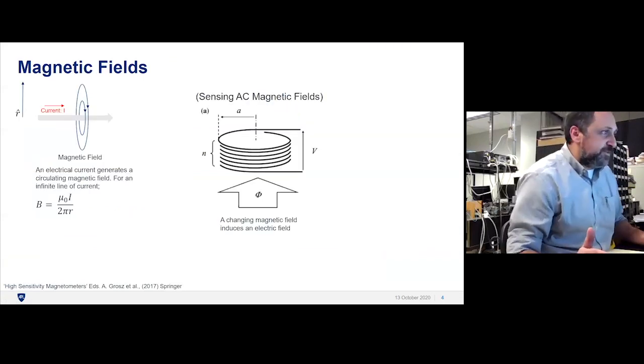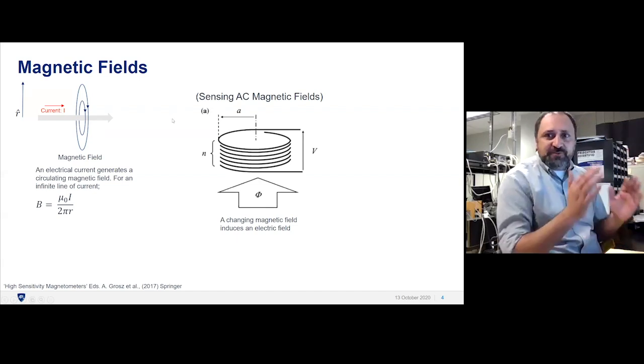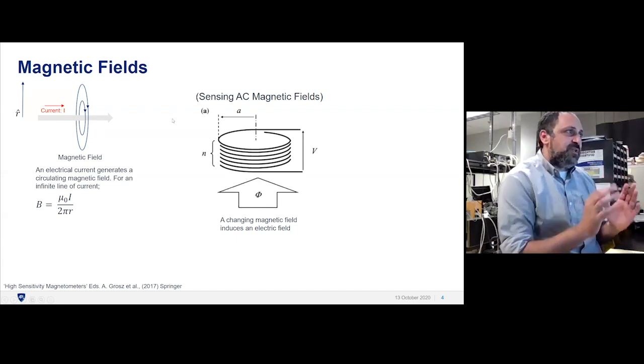So to magnetic fields. If you have a wire carrying a current, called a current I, there will be a circulating magnetic field going around that wire. And if you look in the direction R, we're assuming an infinitely long wire, so we don't have to worry about finite size effects.